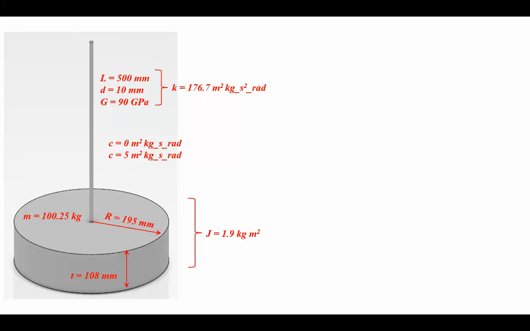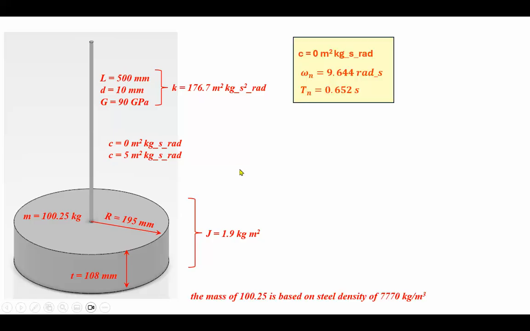I'm going to do this problem twice, one without any damping and then with damping, and we'll look at the results. Now, if there is no damping, the natural frequency comes out to be 9.644, and the period of oscillation of this disk is 0.652 seconds.